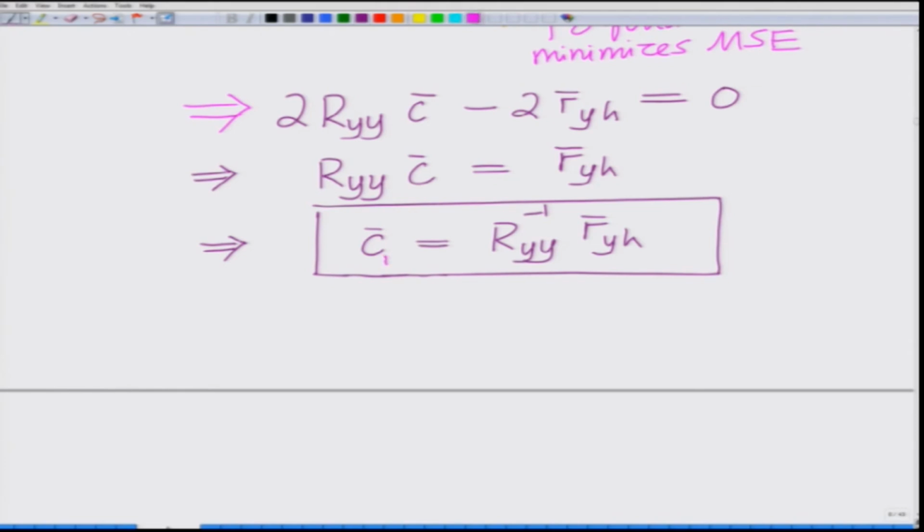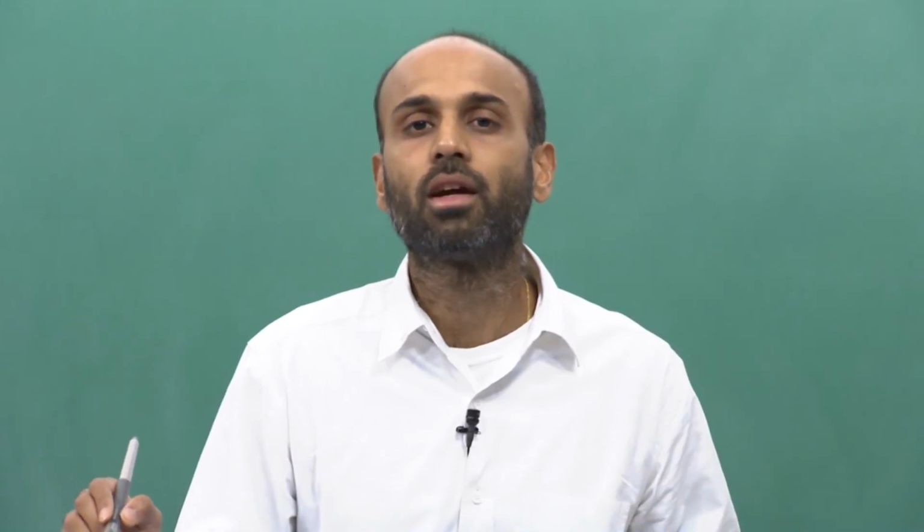So this is now the vector which minimizes the MSE, that is, yields the minimum mean squared error, correct, and this is the combining vector C bar, that is C bar equals R yy inverse R bar yh.